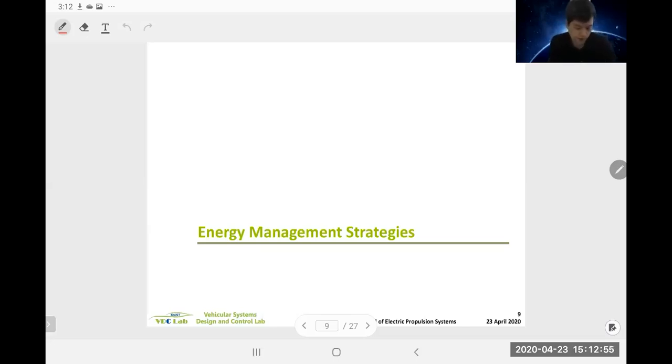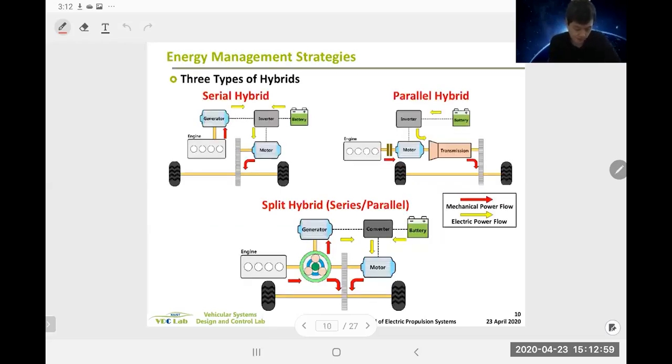Let's move on to energy management. So we looked at these three architectures, or powertrain configurations: series hybrid, parallel hybrid, and split hybrids.